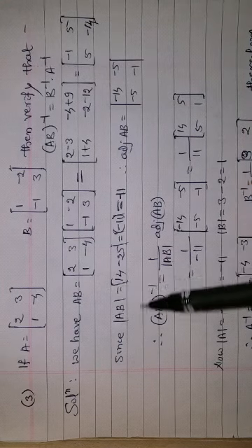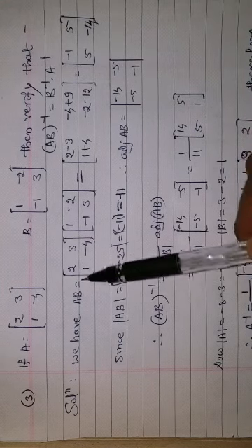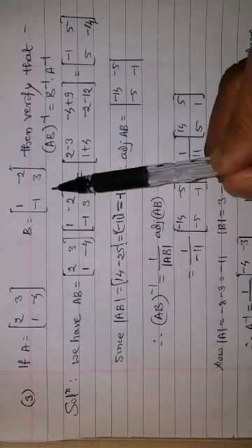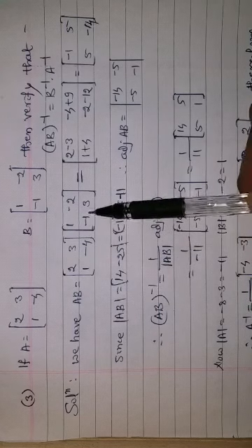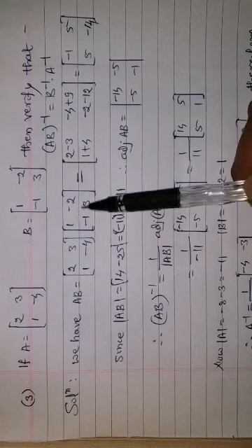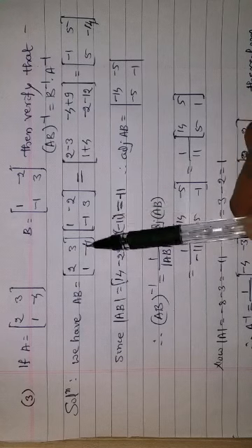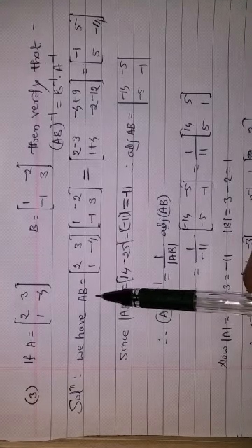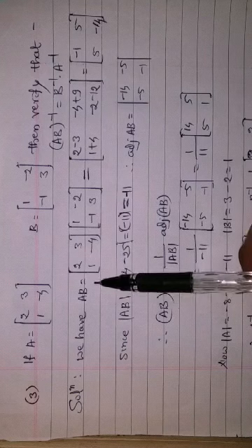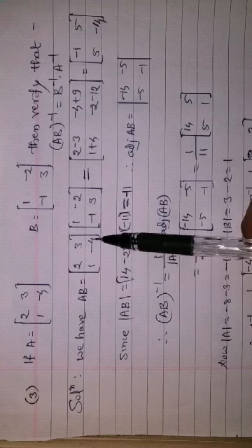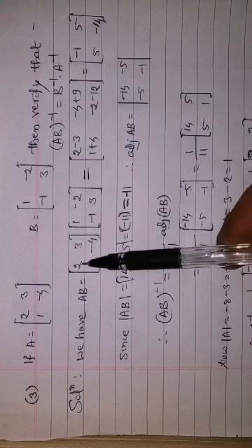Therefore, first we find the multiplication of these two square matrices, A into B, by using the matrix multiplication method.